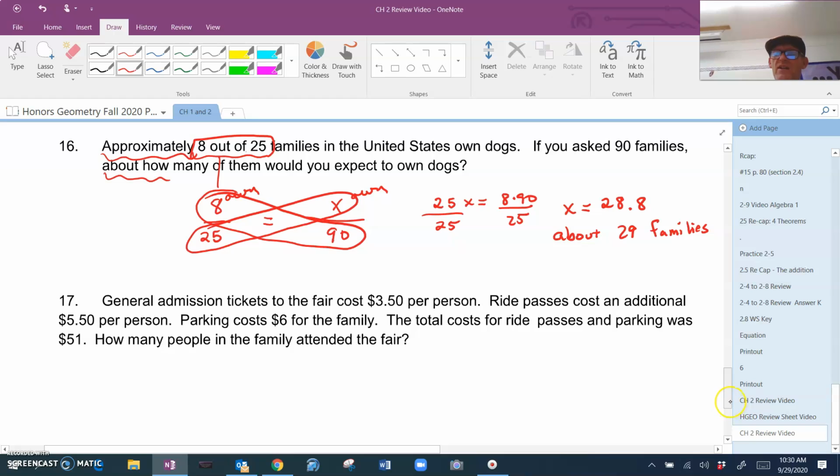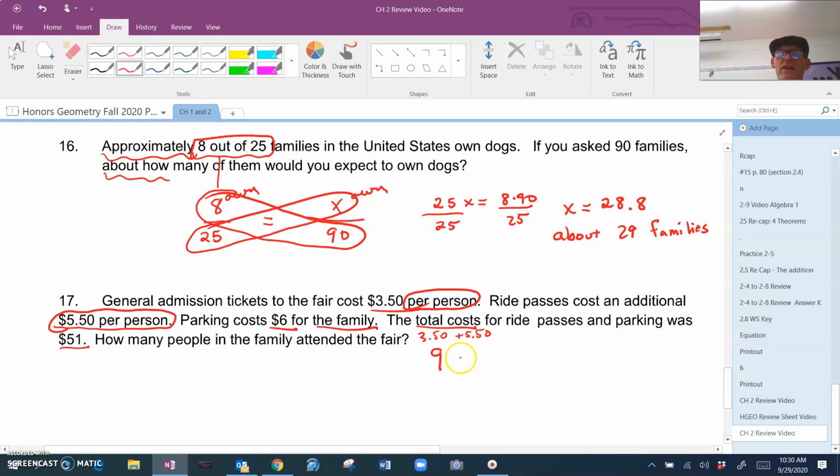All right, number 17 says the general admission is $3.50 per person. Ride costs $5.50 per person. Parking is $6 for the whole family. Total cost is $51. So you're going to have $3.50 plus $5.50, which is $9.